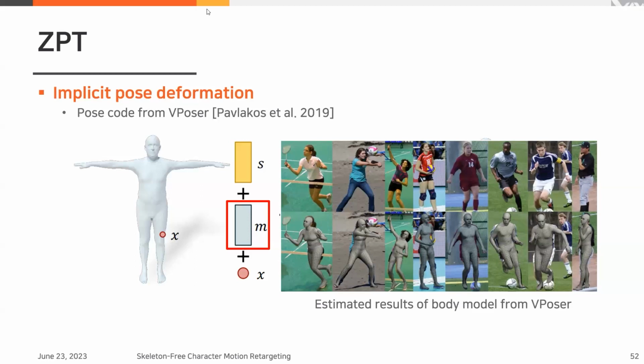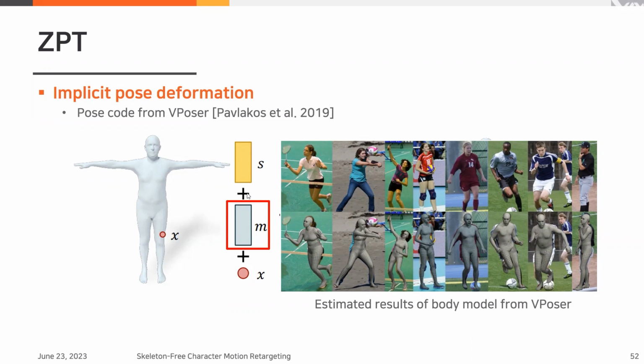So the previous 2 methods predict the part-wise deformation, not the per-vertex deformation. So the vertex here is deformed with the related body part meshes, and the GPT predicts the per-vertex transformation, but I'm not sure how they deal with that.